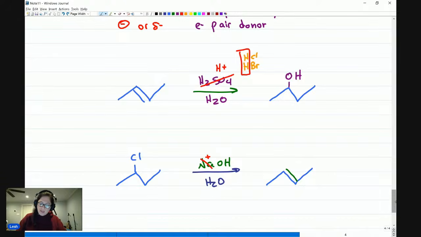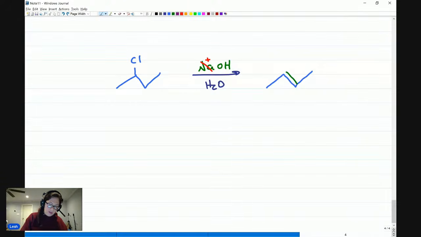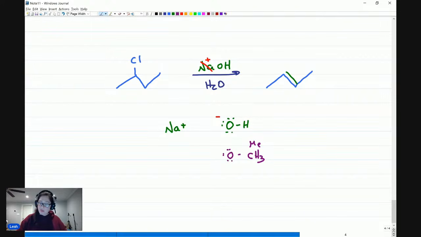If I look at that base, I have NaOH, but what I really had was an Na plus positive spectator, and an OH minus, my base in solution. If that's the case, then I can swap it out for something else. I can have an OCH3, or this is sometimes written with the Me for the methyl group, an OMe, negative charge.